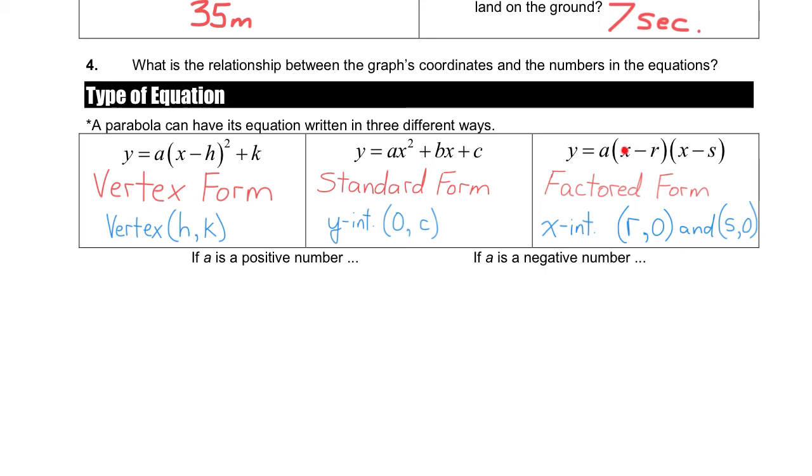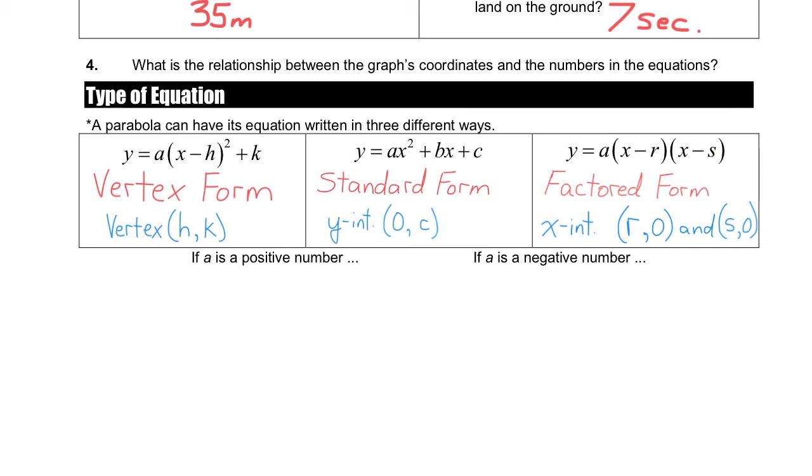And just notice this is x minus r, so for example, if the equation had x minus 3, then the x-coordinate would be positive 3. And if it was x plus 3, then the coordinate would be minus 3.